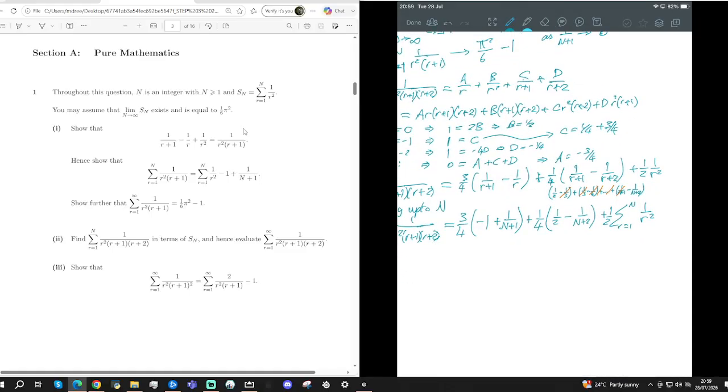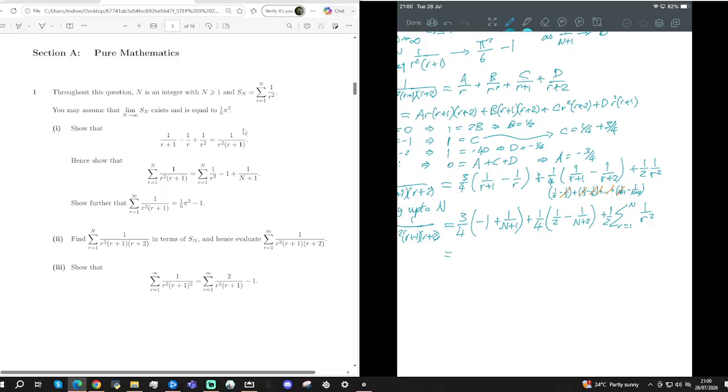It's probably worth simplifying and cleaning this up a little, in terms of Sn. Sn is that sum on the end.